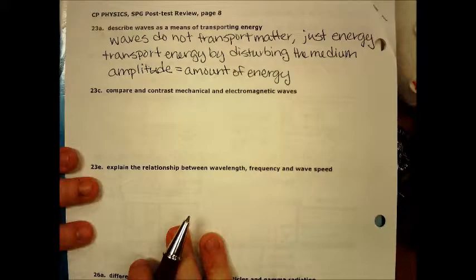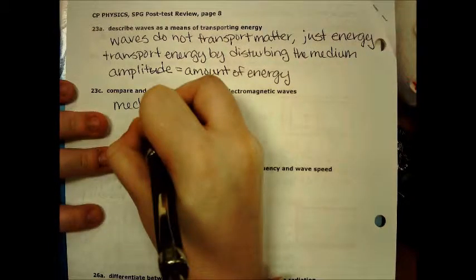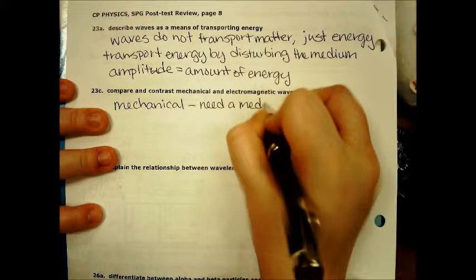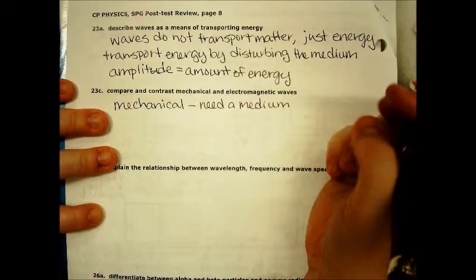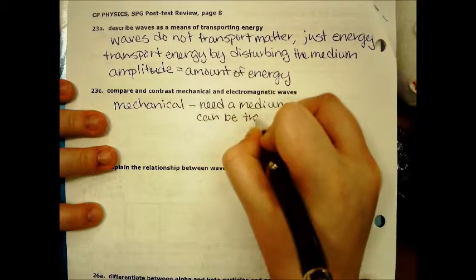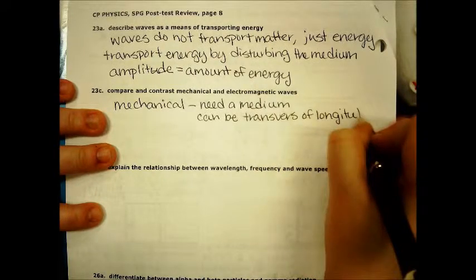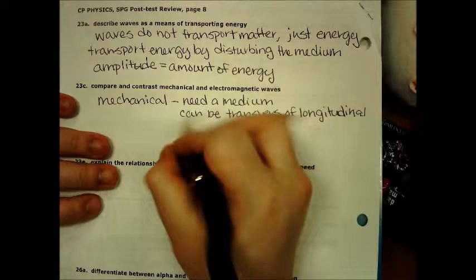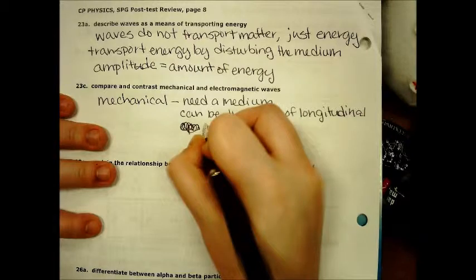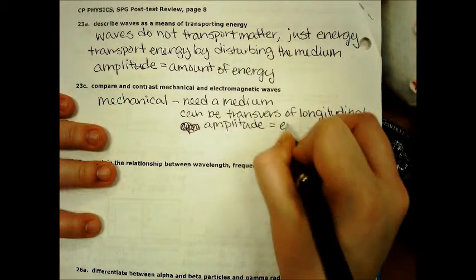Compare and contrast mechanical and electromagnetic waves. Mechanical waves need a medium. They can be transverse or longitudinal. And the amplitude corresponds with the amount of energy.